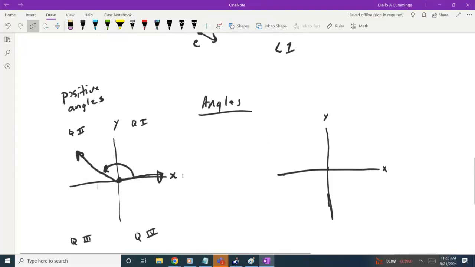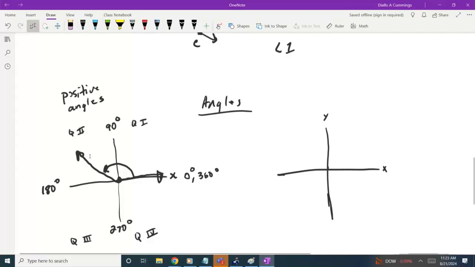If you are dealing with positive angles, this is 0 degrees. Up here we have 90 degrees. At this quadrantal angle, we have 180 degrees. We have 270 degrees, and then we complete one rotation for 360 degrees.